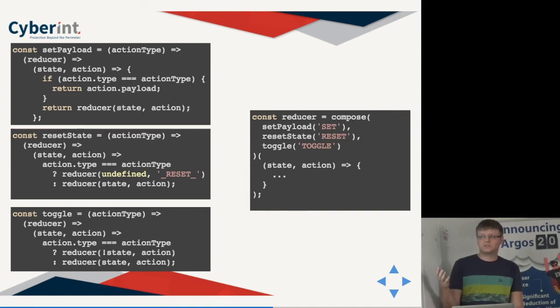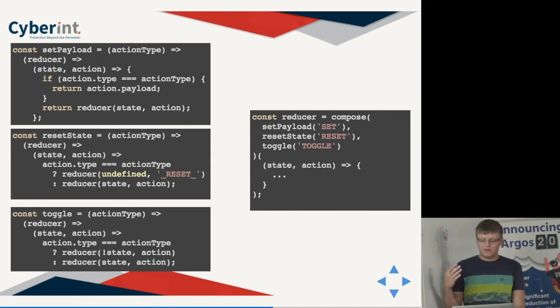As you remember, reducers must return initial state in case they cannot handle any action. The third reducer just toggles the state on a particular action and passes the resultant state to the basic reducer.